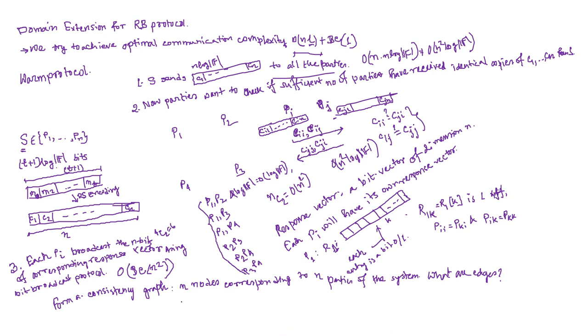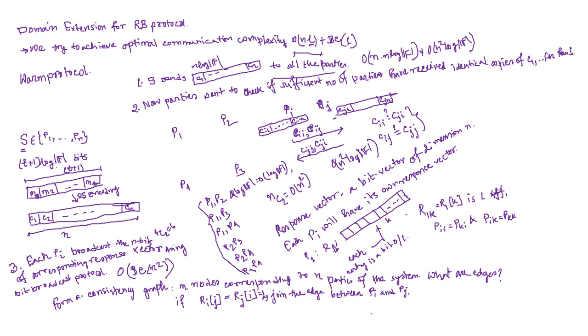That logic comes clearly from the fact that, let's say Ri is the response vector for party i, so if Ri's entry for j is equal to Rj's entry, that is Pj's response vector entry for party i, if they are consistent with each other, and they are equal and are one, then join the edge between Pi and Pj.